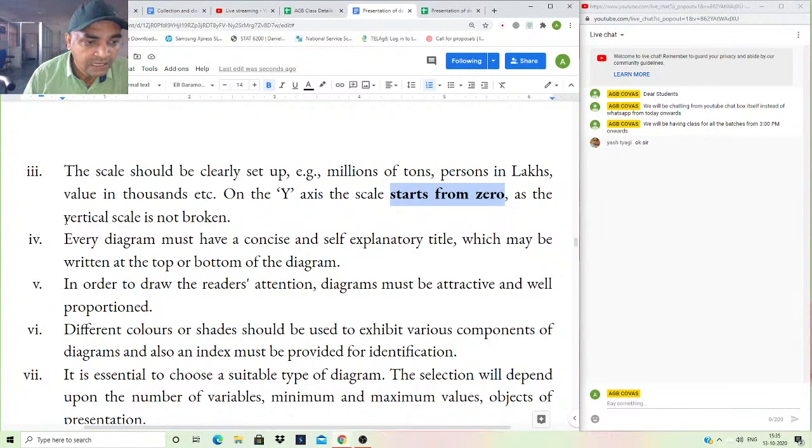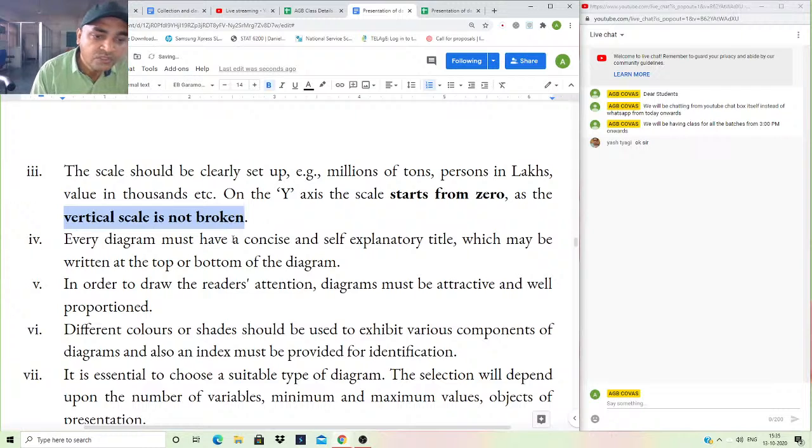Also, you might start from 0, but in between you cannot break that vertical scale. For example, you are having a 100 scale, 100, 200, then you break it and come to 500, then 600, not like this. If you start from 100, 200, 300, 400, 500, 600, then whatever diagrams you get, you can easily interpret them.